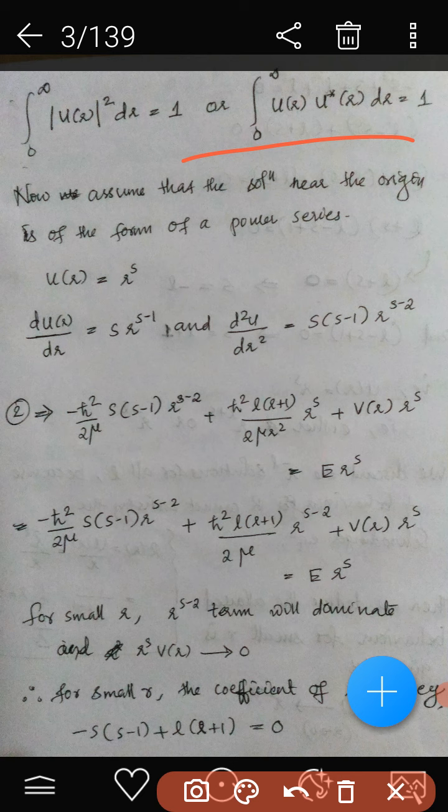Now assume that a solution near the origin is of the form of a power series, u(r) is equal to r to the power s. Then du by dr is equal to s into r raised to s minus 1, and d square u by dr square is this one. Now we can substitute all these in equation number 2.